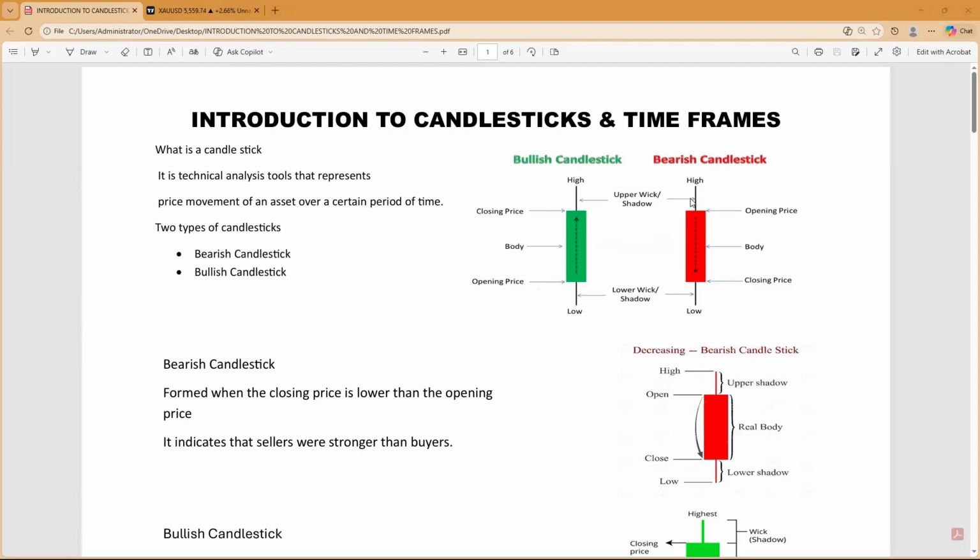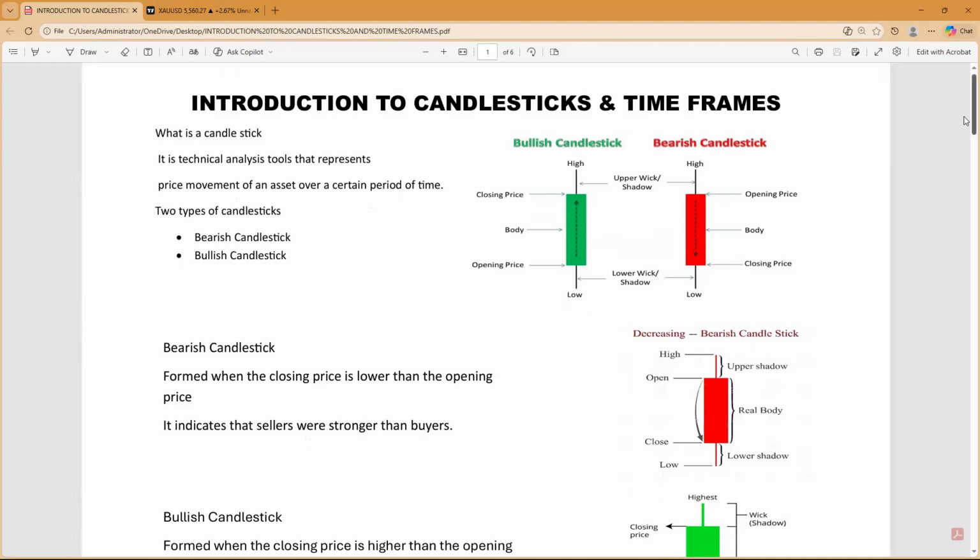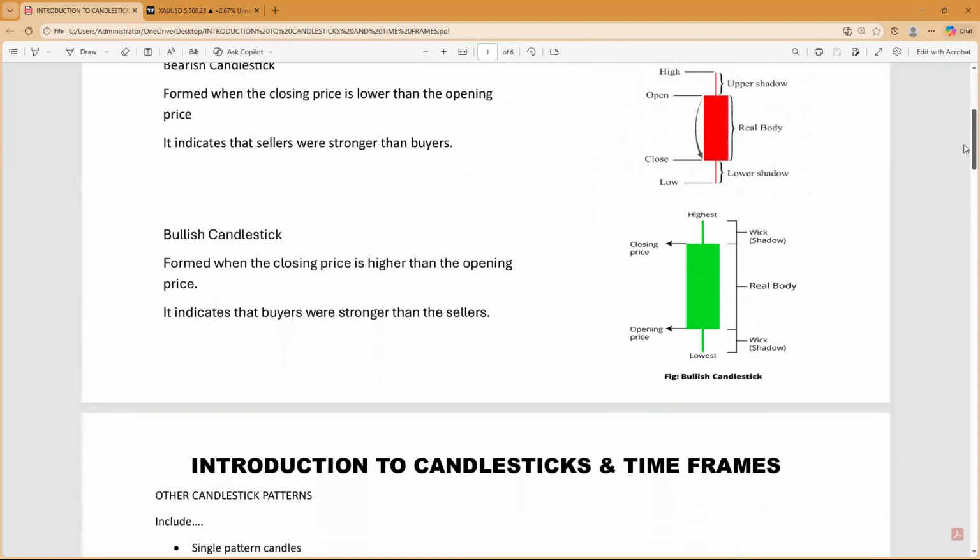Number two, they both have highs and lows. Number three, they both have closing and opening prices, and a body, as you can see in the figure below. I hope that one is understood.